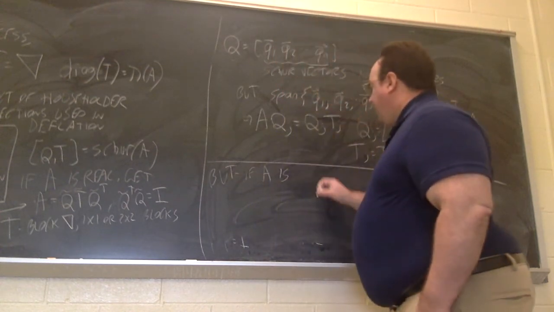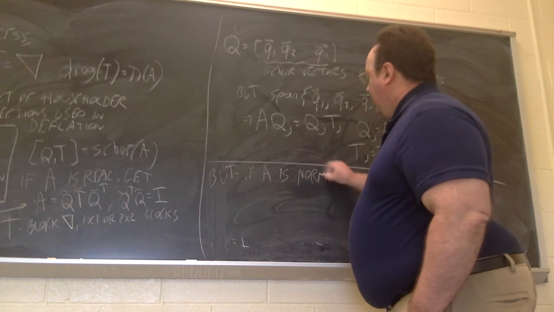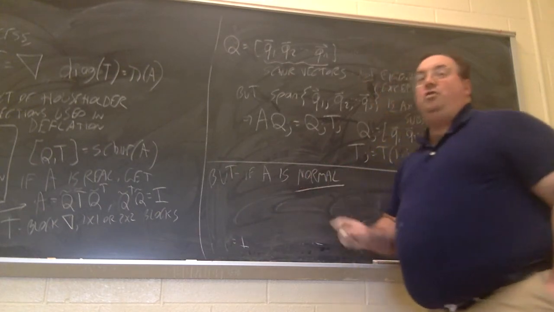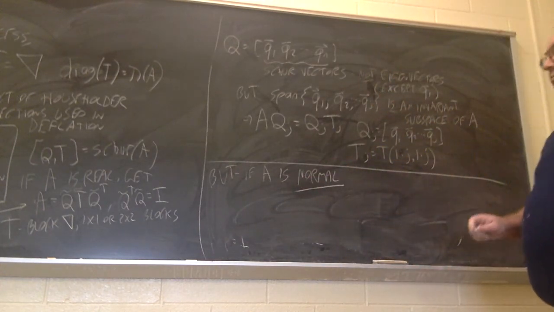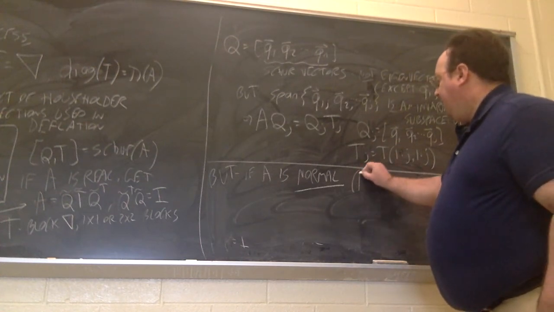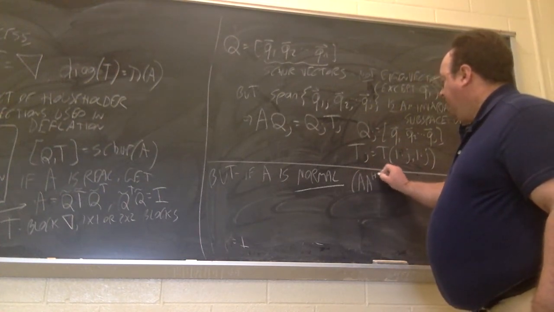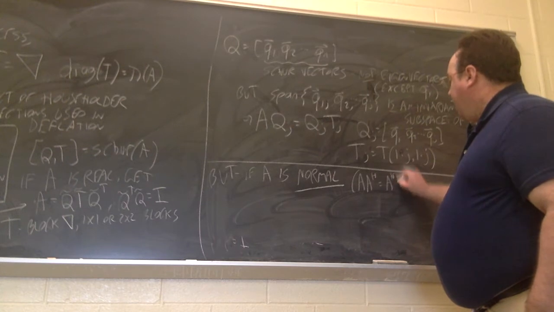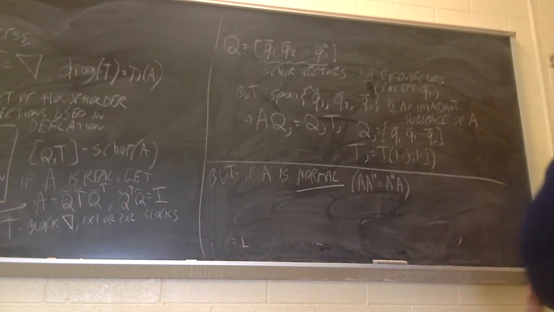So if A is a normal matrix, and what I mean by a normal matrix is A commutes with its own Hermitian transpose, also known as its adjoint.